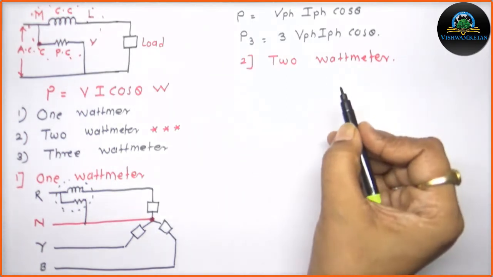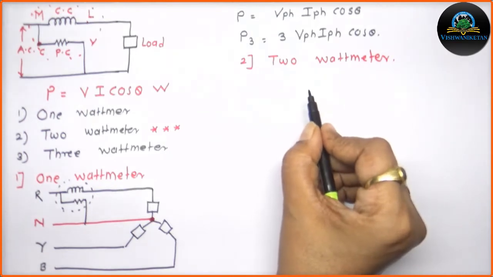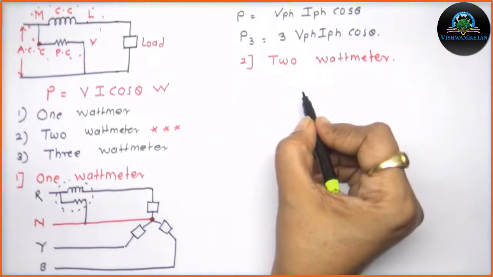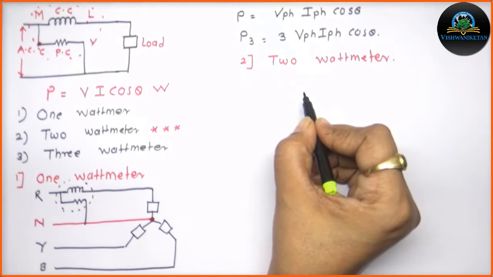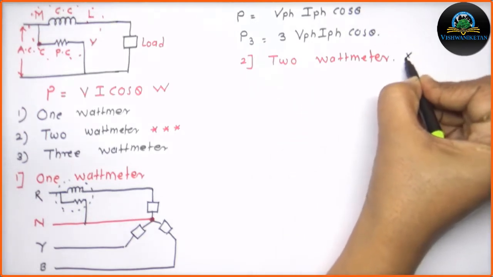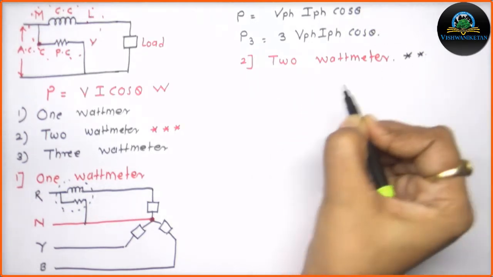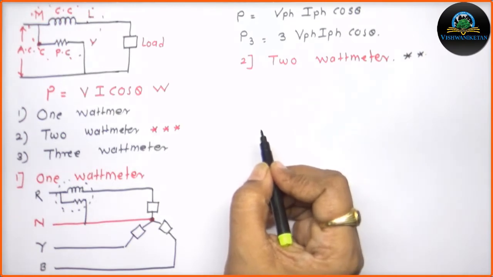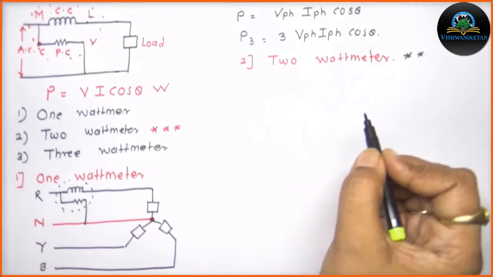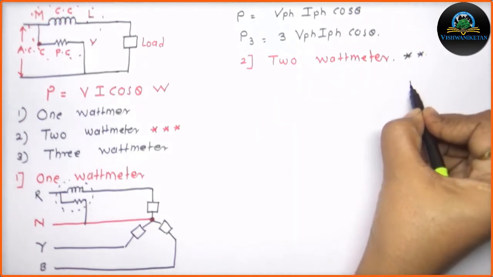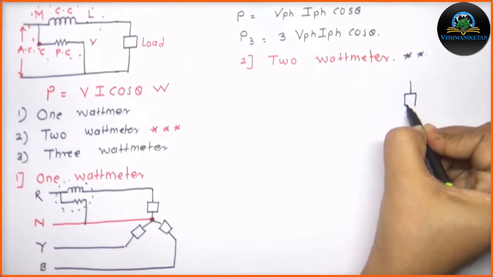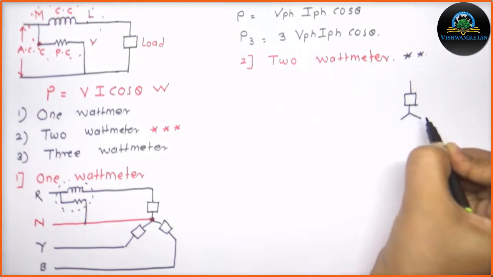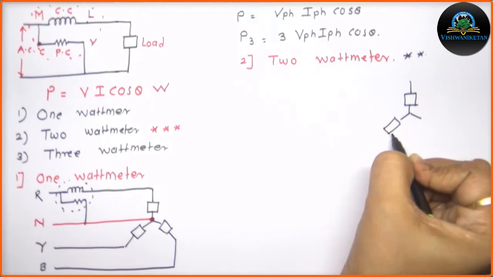These diagrams are different in different books. So accordingly, the connection as well as the phasor diagram has been drawn. As I told you, this is one of the very important methods for understanding power measurement. In this diagram, I am showing how the power is measured in the star form for the 2 wattmeter method.